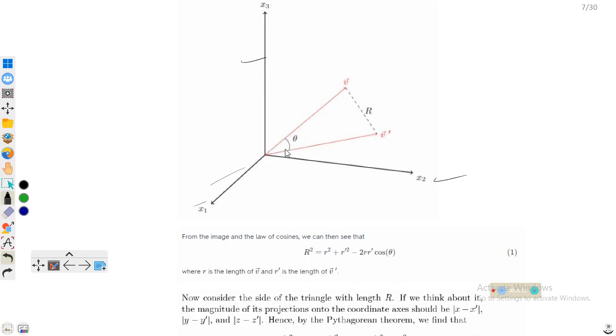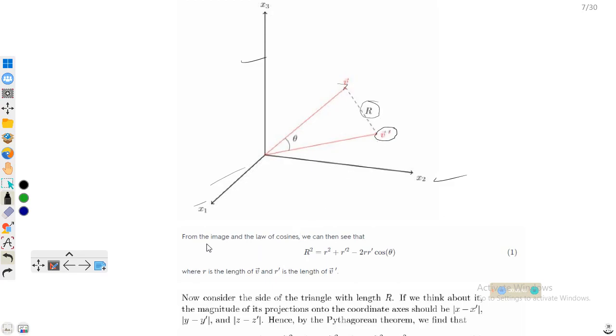We have this vector V in the x3-x2 plane. When we rotate it by an angle theta, its new position is V prime, so the vector changing from V to V prime has length R.